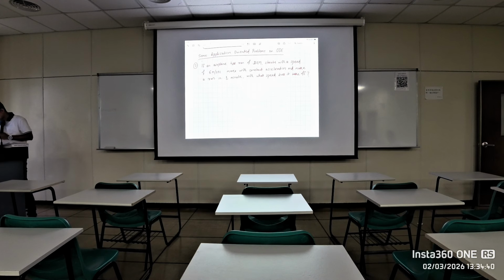So let's see what things are given to us and how we need to find out. One is 3 kilometers, the runway length. Another is the speed, 6 meters per second. And the time is 1 minute, that is 60 seconds.